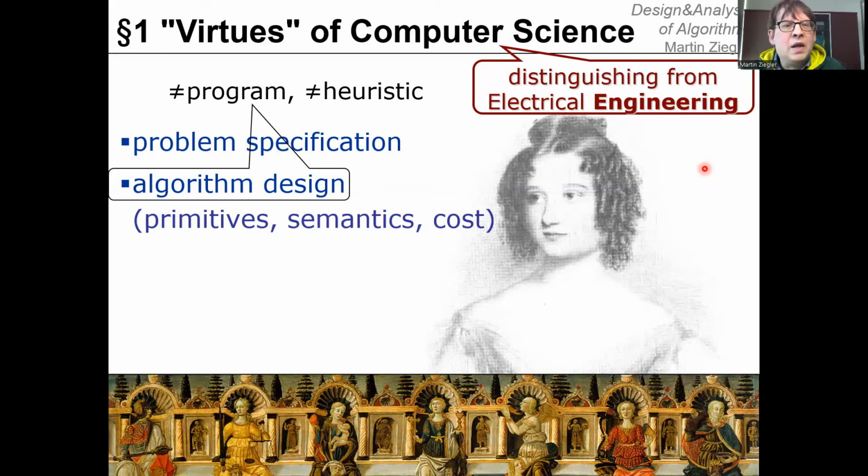So let me also illustrate the importance of primitives and semantics in algorithm design before moving to the analysis part. Imagine, for example, you're asked to design an algorithm in computational geometry.